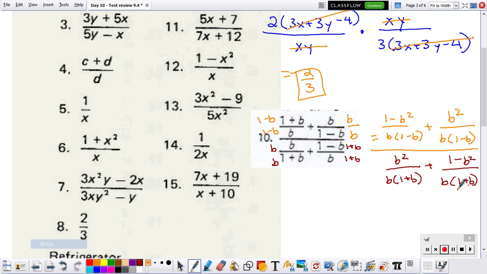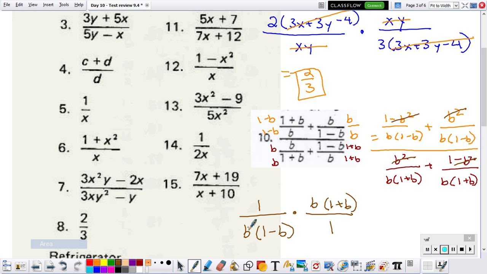All right, let's do 2 more. Let's take a look at 13 and 14. So 13. Here this needs an x, this needs a 3, so now the numerator is going to be x squared over x minus 3 over x. So we can add that together to get x squared minus 3 over x.